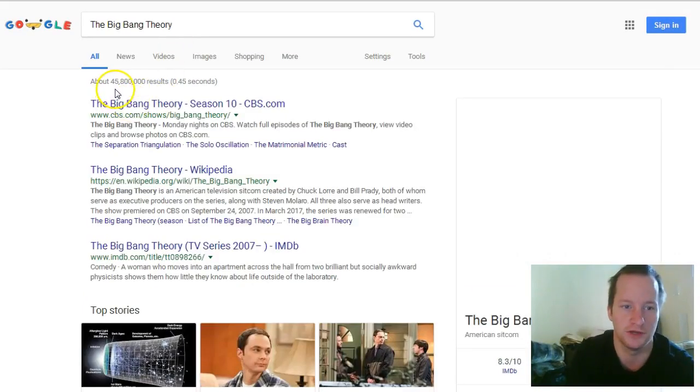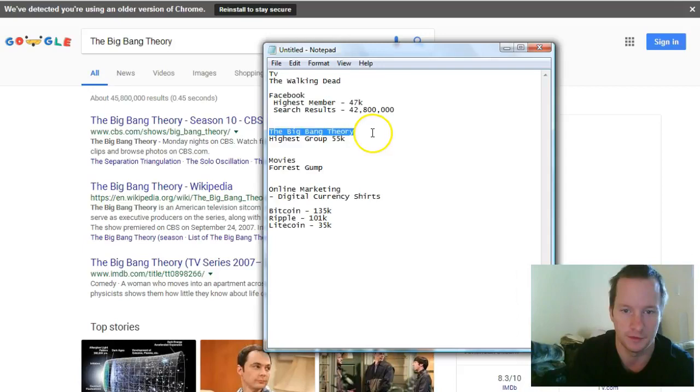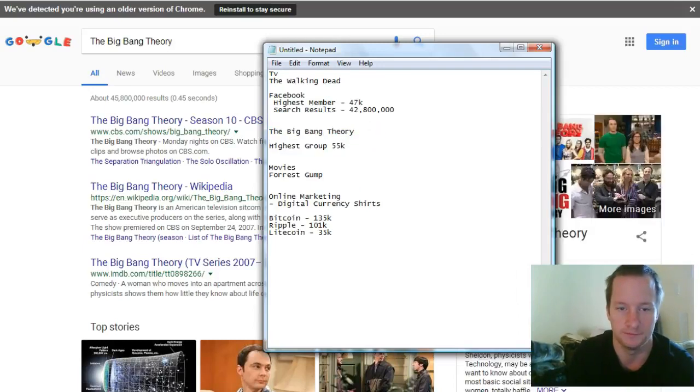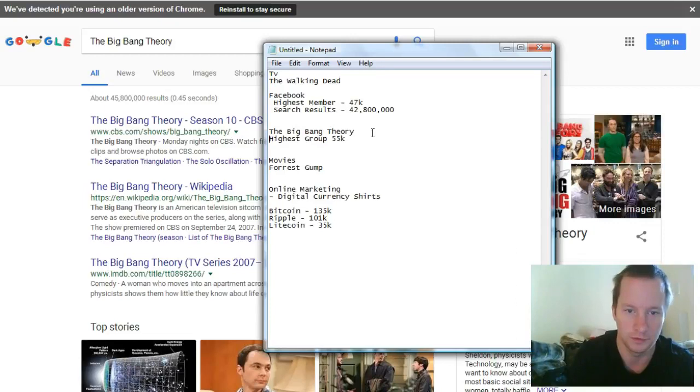Okay, so it brought out about 45 million results. Let's write that down. The Big Bang Theory search results brought in 45 million results.